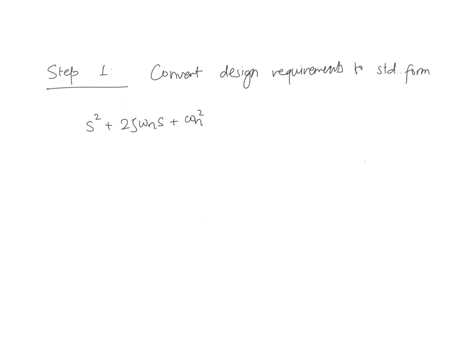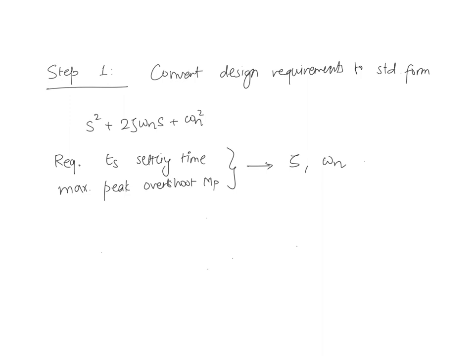What I would like you to do is to take the given requirements, which are in this case the settling time and the max peak overshoot, Mp. I want you to take these two and find zeta and omega n such that they satisfy these requirements. So this is the system that you're trying to design.